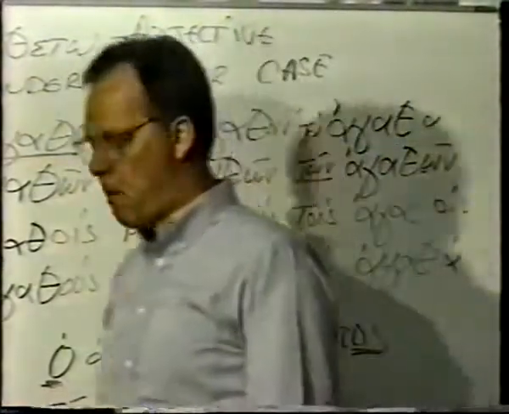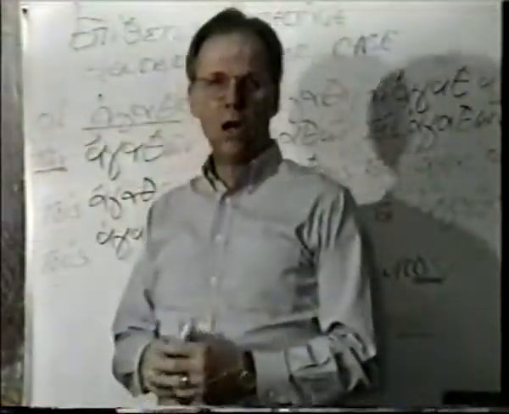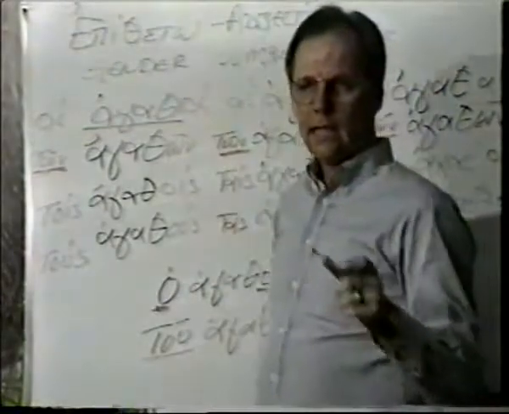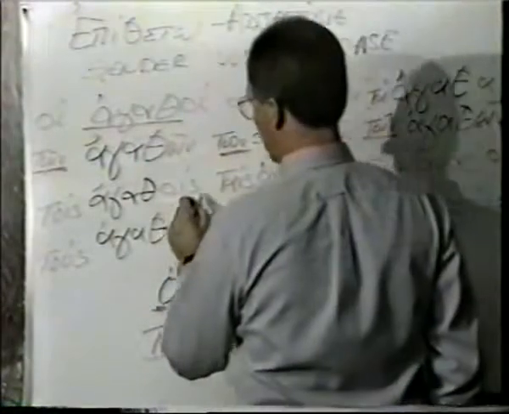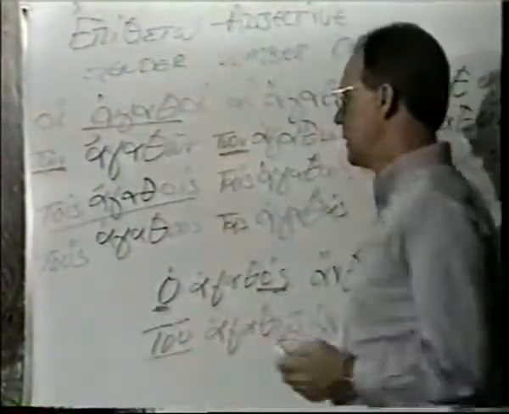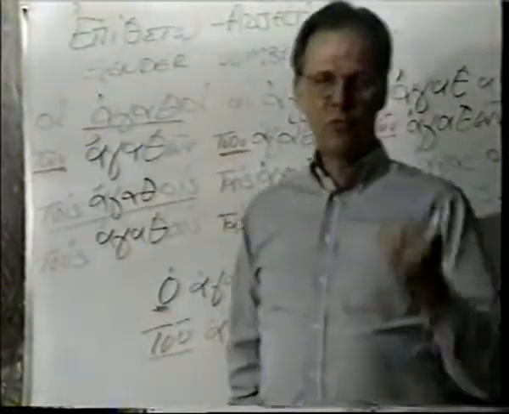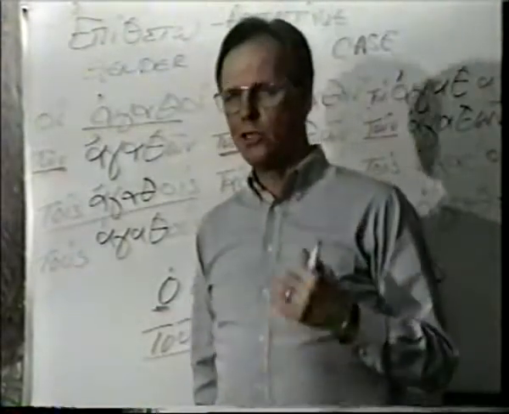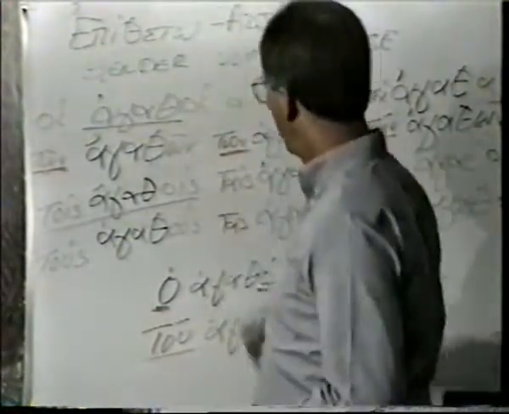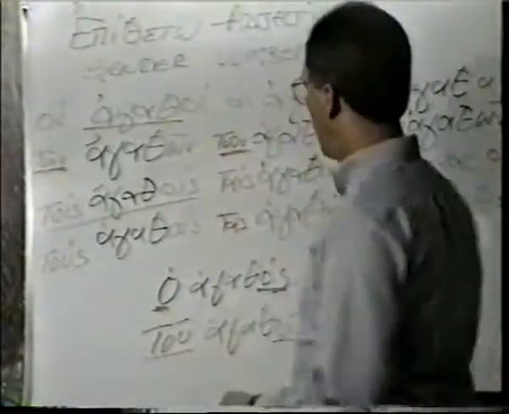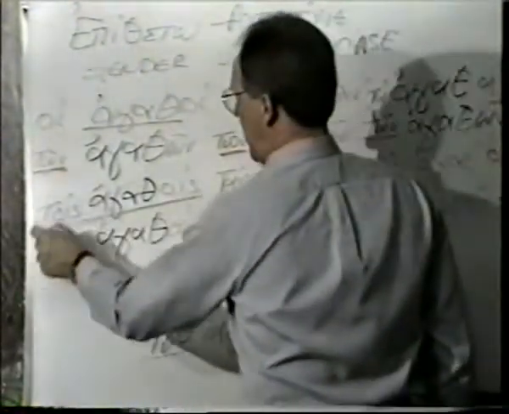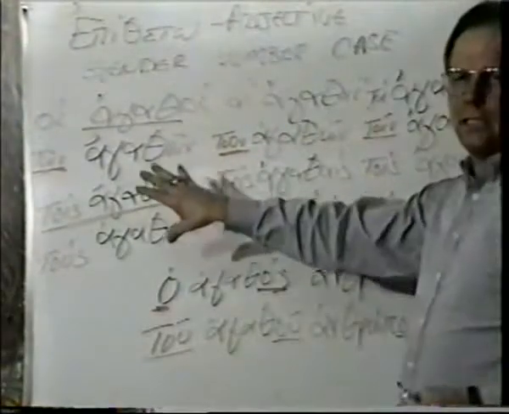Now sometimes for my mind it's a little bit difficult because some of these endings have changed in modern Greek. For instance, we don't use this any longer, tis agathis, unless we happen to be reading from our official translation of the Bible, which still uses many of these endings. So sometimes even for me it's confusing as I look at these things and try to remember what they are.